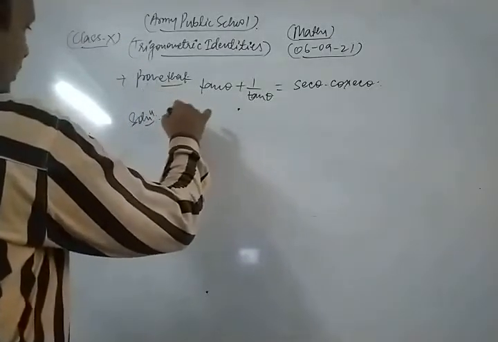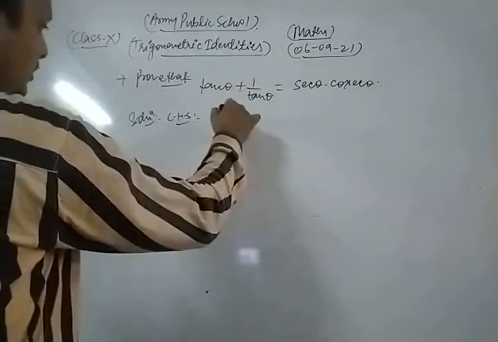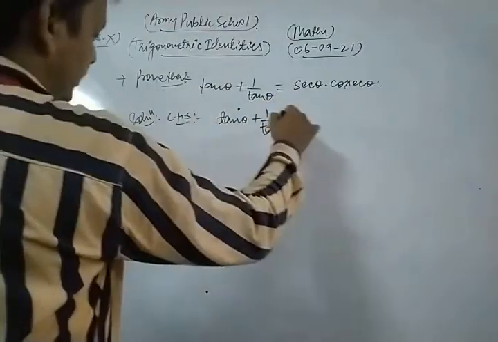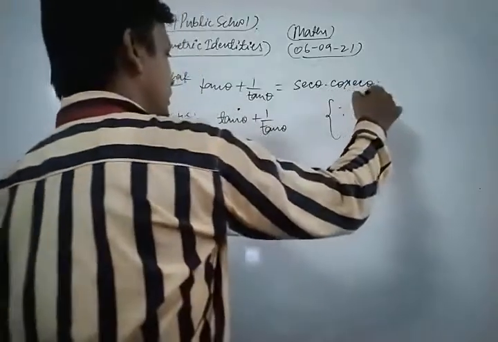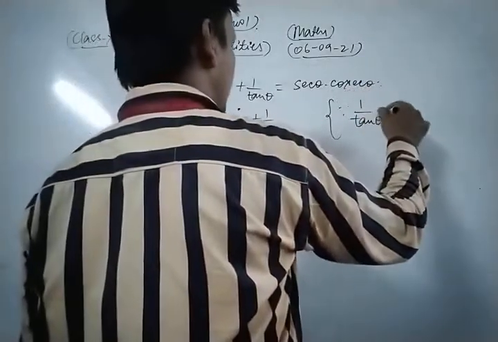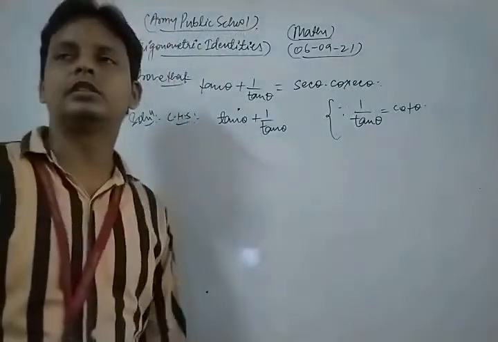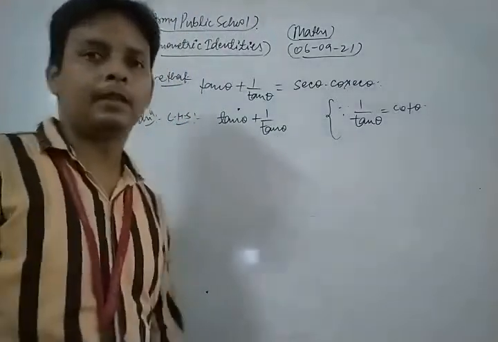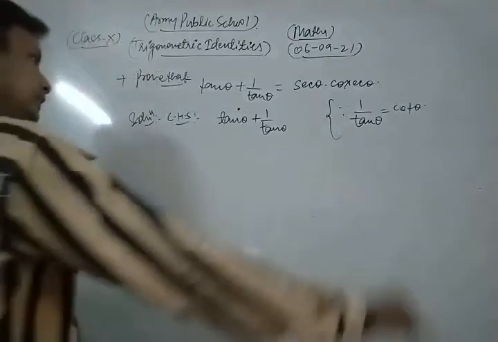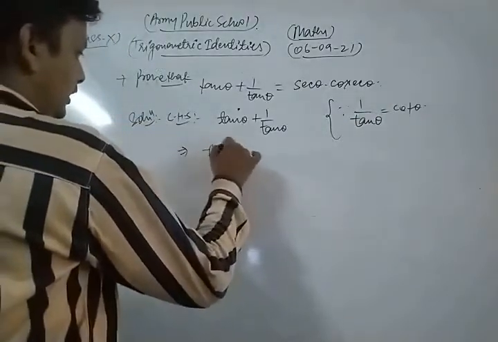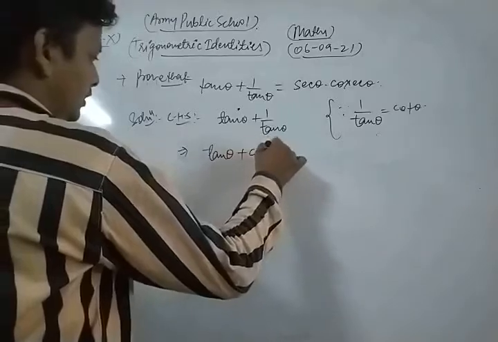We take LHS. LHS is tan theta plus 1 upon tan theta. You know that 1 upon tan theta is cot theta. This is also a very important identity, and here we apply that concept. So we get tan theta plus cot theta.